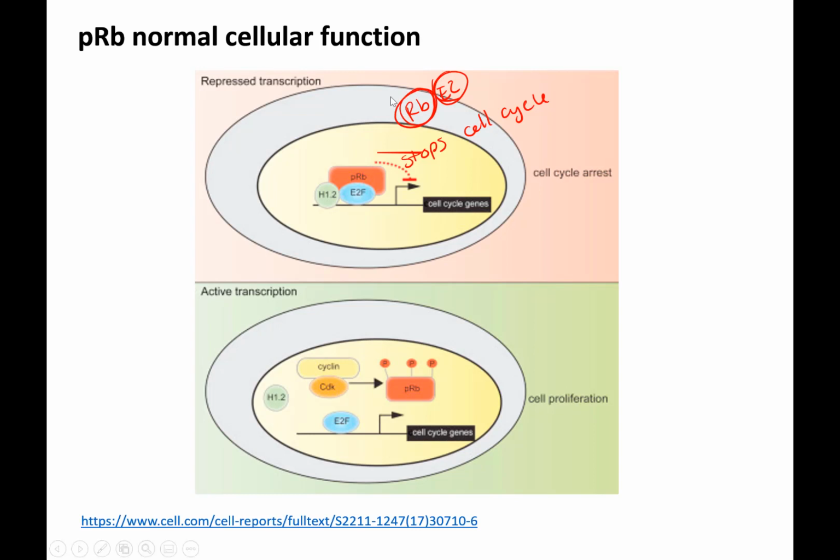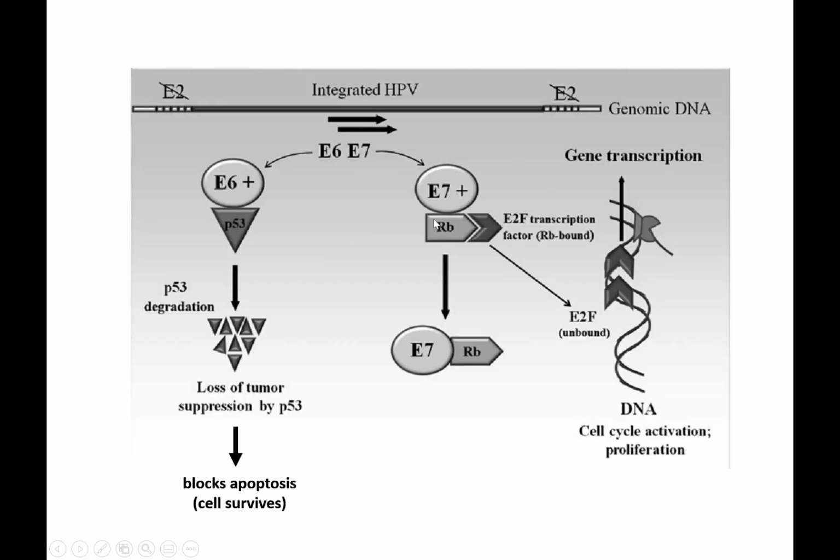If everything is fine, retinoblastoma is phosphorylated, it's removed from E2F, and this transcription factor can promote genes that promote cell proliferation. So when E7 binds retinoblastoma, it releases E2F, and that turns on these genes that retinoblastoma is normally regulating.